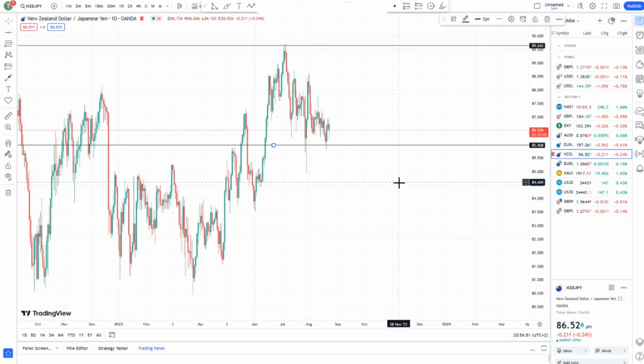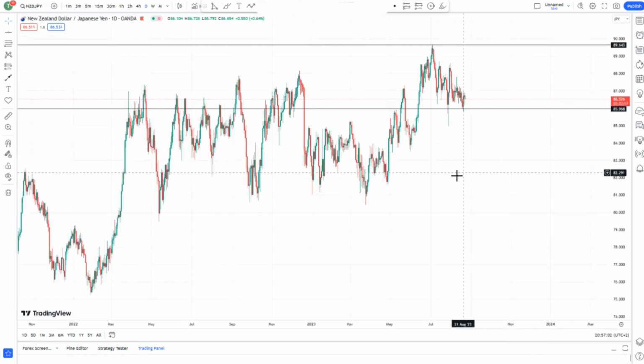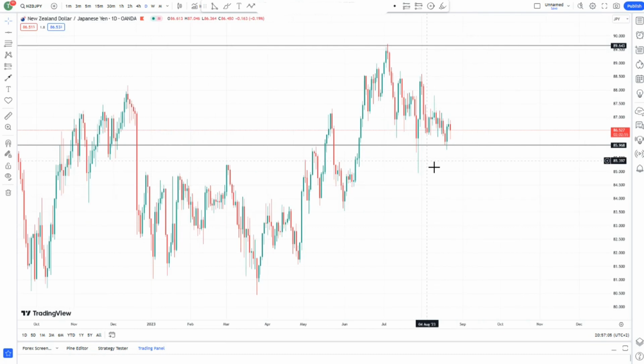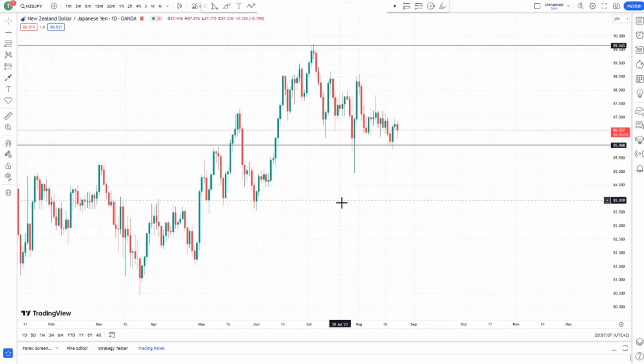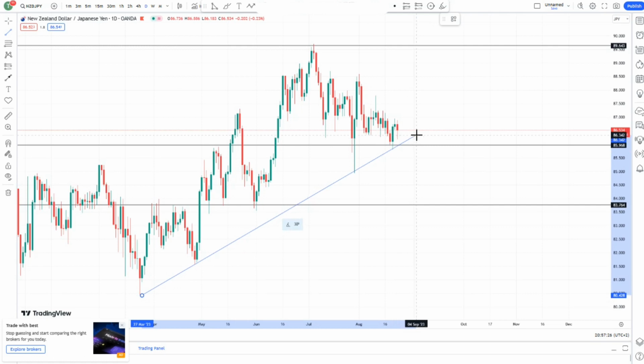Another one. I don't really spot much here, but I think we do have this nice trend line that can be applied here.